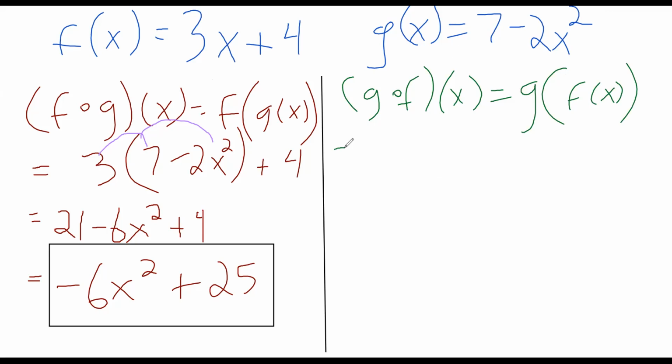Here's our g function, the outer function. I'm going to take this 3x plus 4 and put it into the variable on g. So it's 7 minus 2 times the quantity 3x plus 4, squared.